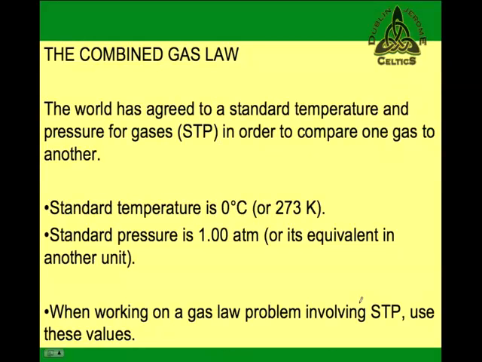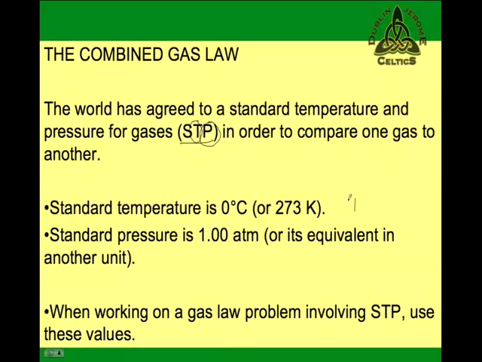All right. There's also a term we've already defined once, but let's look at it again, called STP. The world agreed to a standard temperature and pressure in order to compare one gas to another. And you can see the variables in the word STP. There's a temperature term and a pressure term. Standard temperature and pressure.